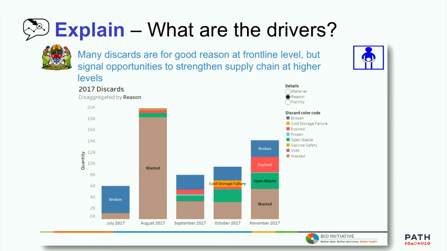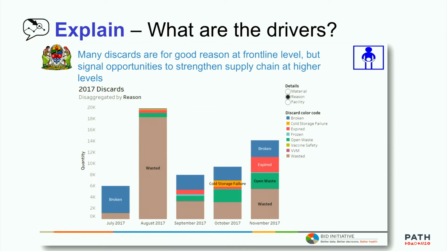However, there are some systemic reasons. I'm sure there are people in this room who work in supply chain that point to signals where we can potentially improve the system. My eye is attracted to the blue part of the chart, which is showing that, in some cases up to a half, maybe a third of our quantities are being discarded because they're showing up broken.